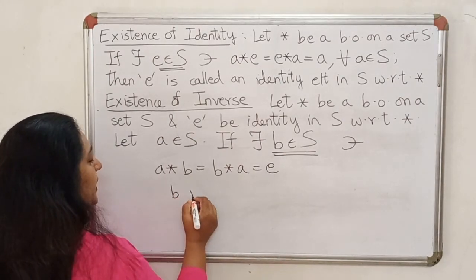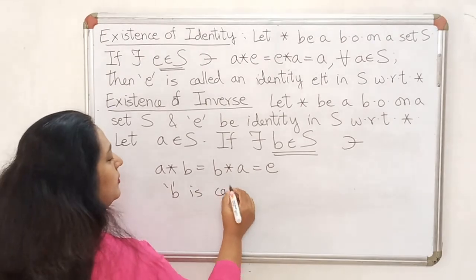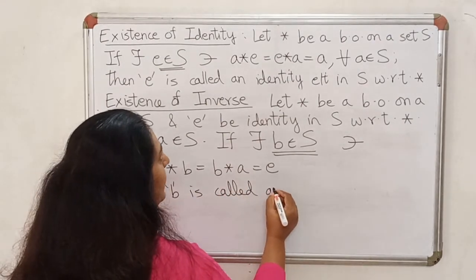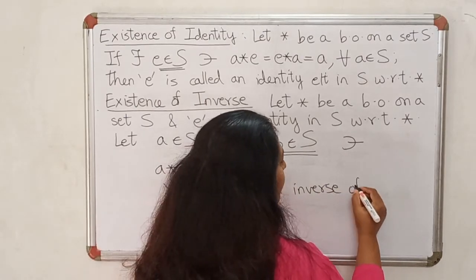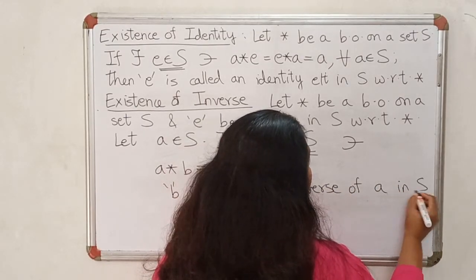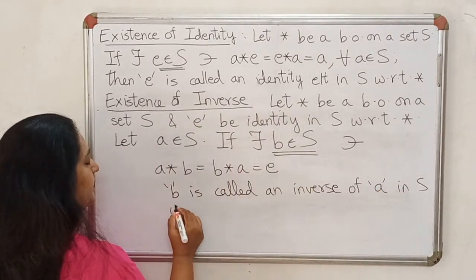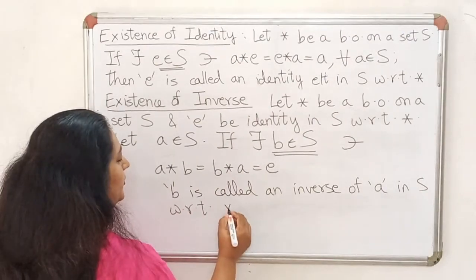Then B is called an inverse of A in the set S with respect to star.